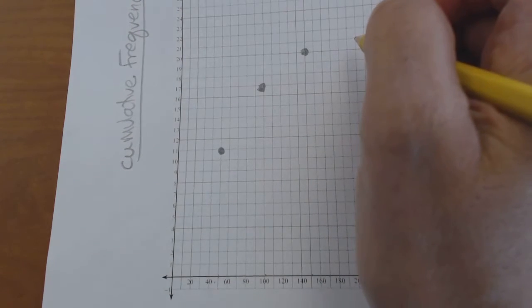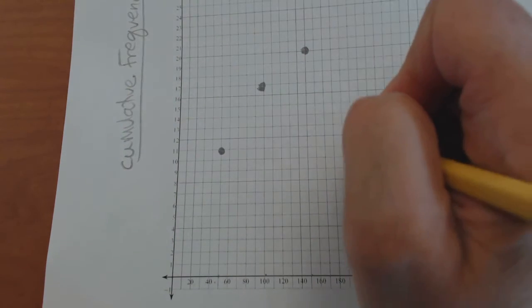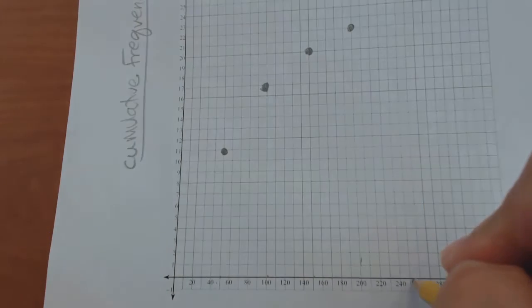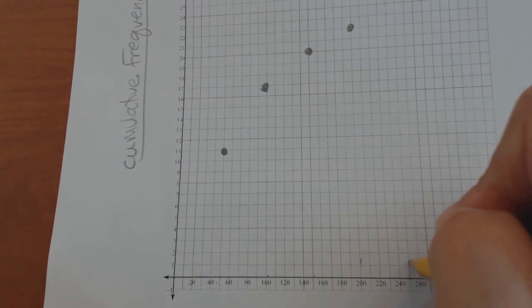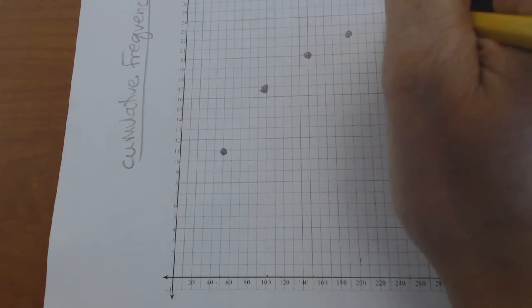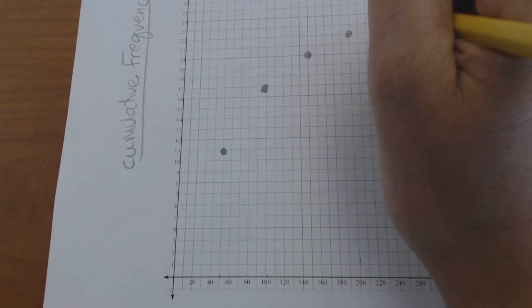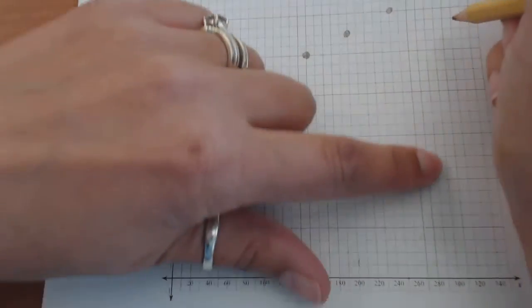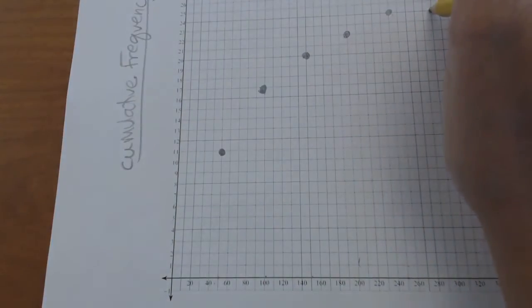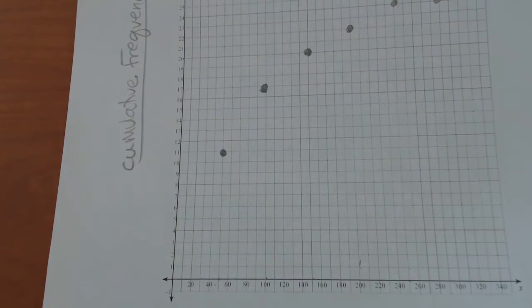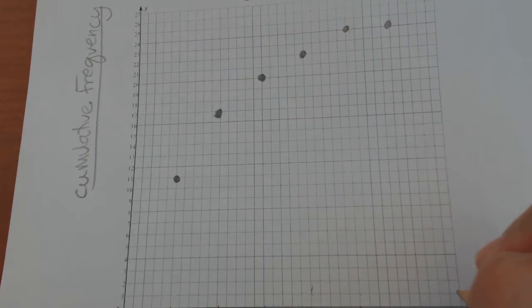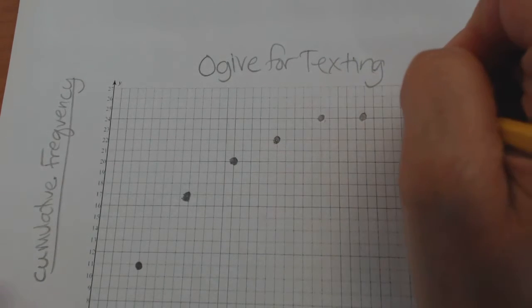The next point, and I'm just going to keep plotting, 200 all the way up to 22. Next one, 250, all the way up to 24. The next point, 300, all the way up to 24 again. And the last point is going to be 350, and then right here, all the way up to 25.